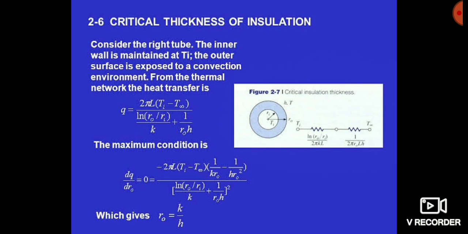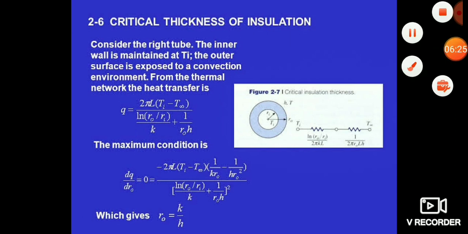But the unit of h value, means convective heat transfer coefficient, is watt per meter square per Kelvin. From there also, if you are confused whether it is h by k or k by h, you can prove what is the correct formula.